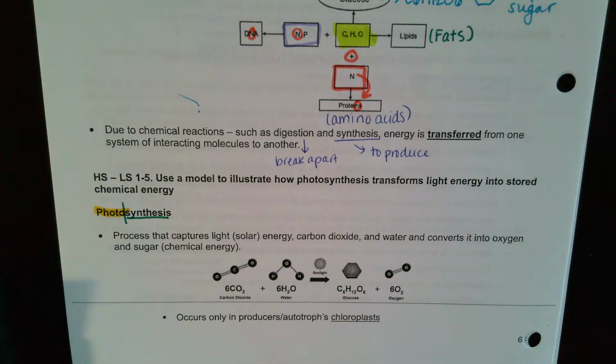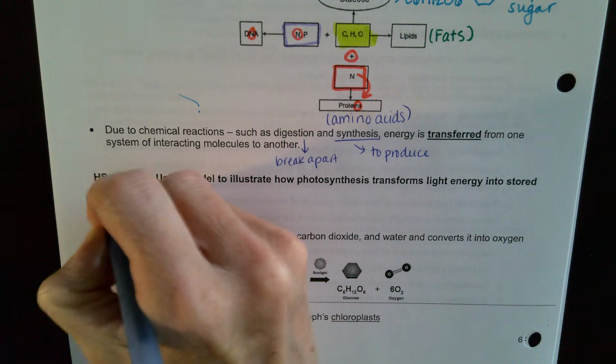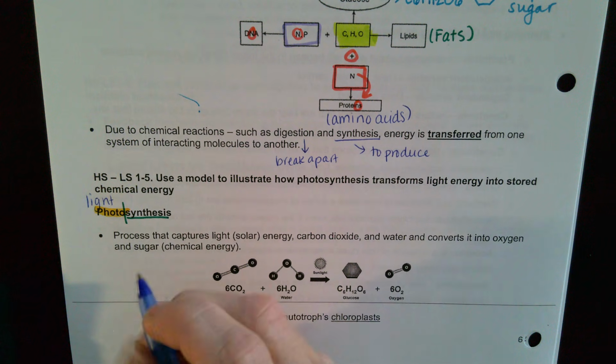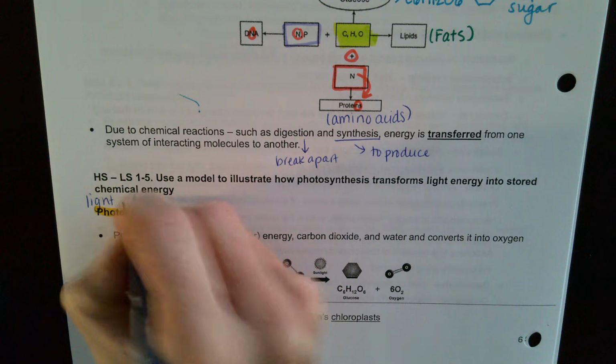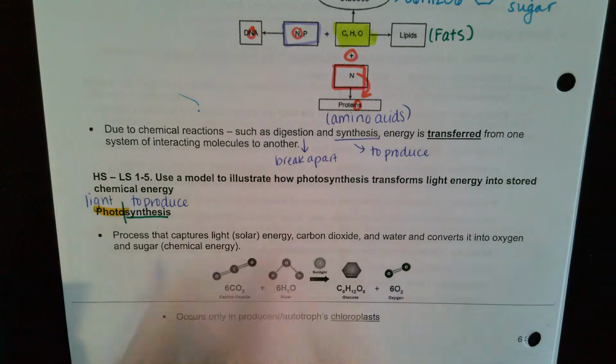So I've got photo. That word photo actually means light. And as I defined up here, synthesis means to produce. So plants use light in order to undergo photosynthesis and make food.